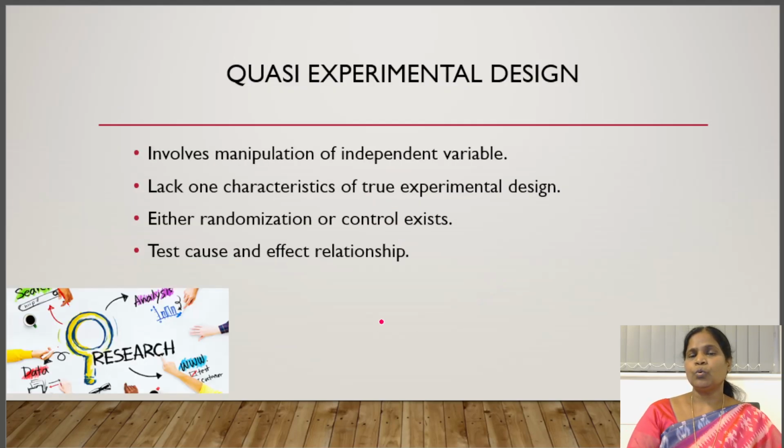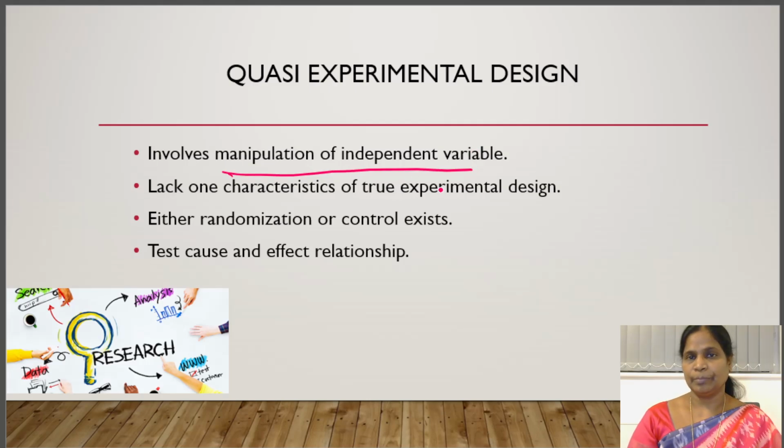Now coming to quasi-experimental research design. Quasi itself means pseudo. So at least one element is missing from that of true experimental research design. It involves manipulation of the independent variable.